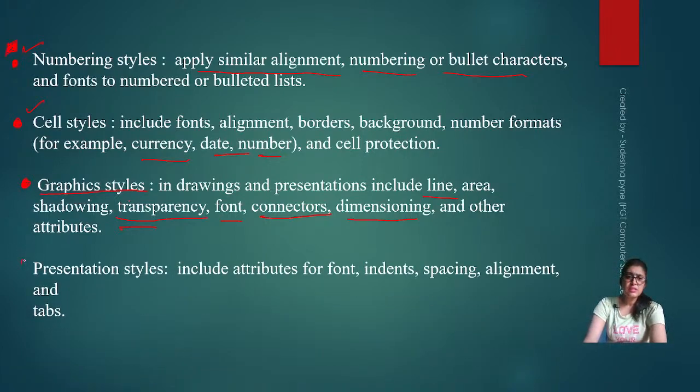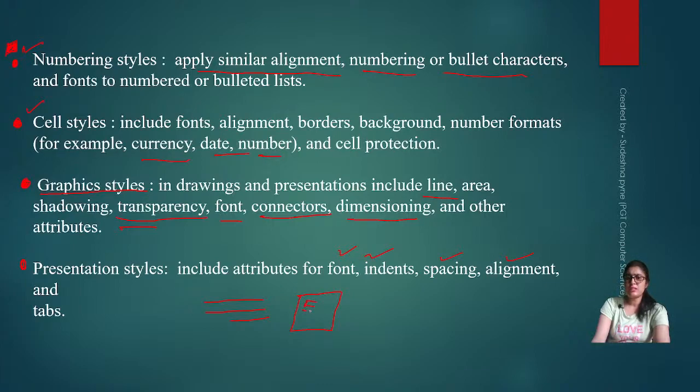Last but not the least, presentation style. This will include attributes for font, indent, spacing and alignment. Indent means, suppose I am writing a text like this. Now I want to change a paragraph. This is called indent. Or if this is a page, I am starting writing from here.